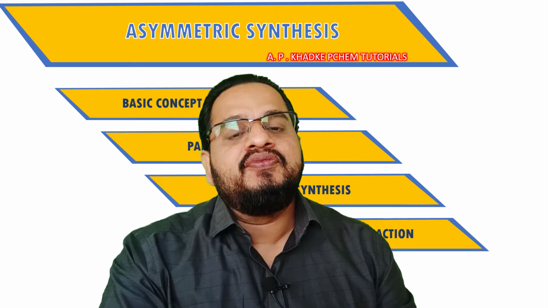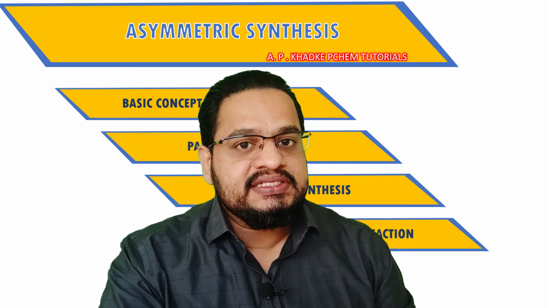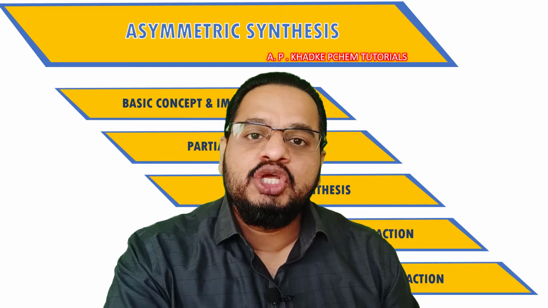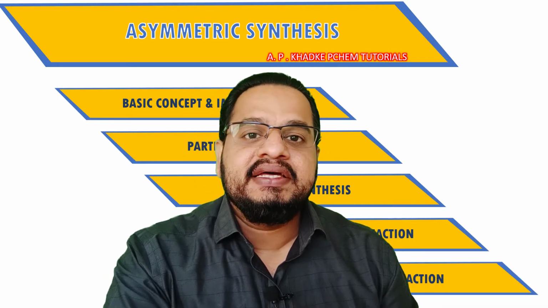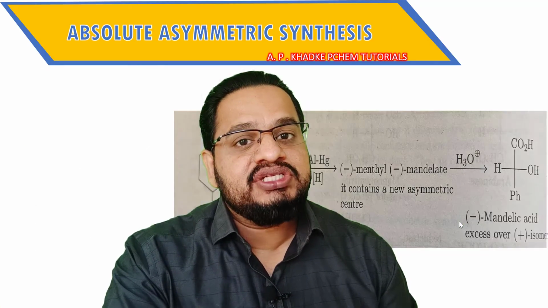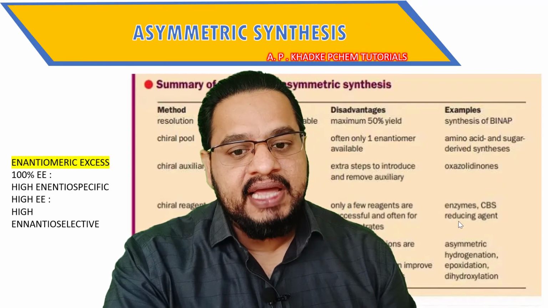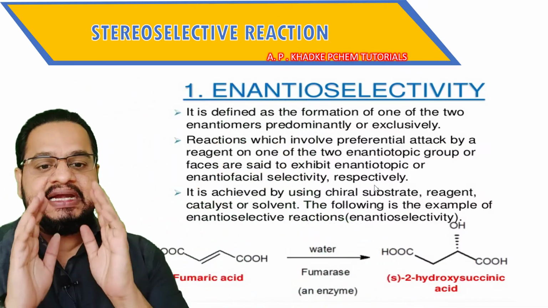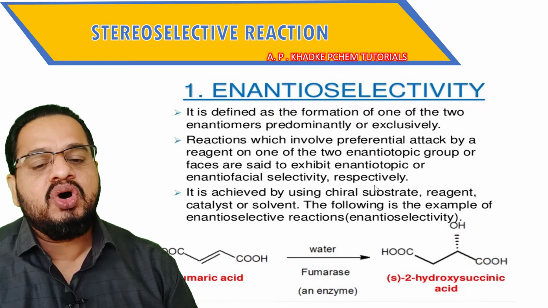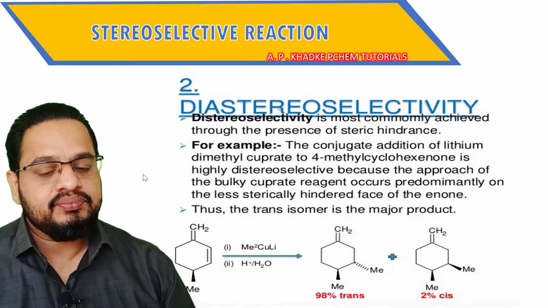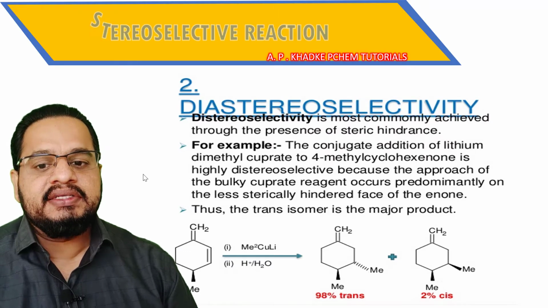Thereafter, what we are going to discuss in this second part of asymmetric synthesis is stereoselective synthesis and stereospecific reaction. Understand? These two reactions are of prime importance, and we are going to discuss them. So what is a stereoselective reaction?